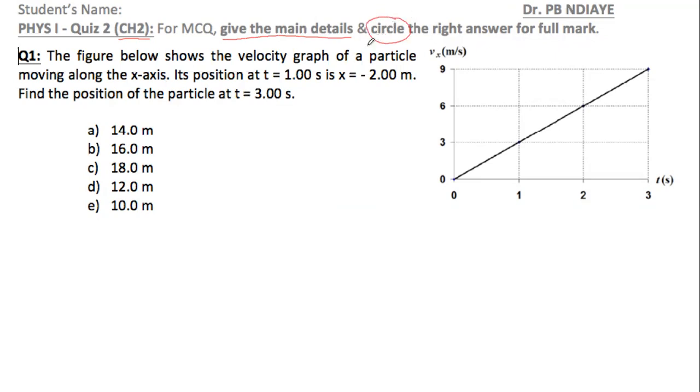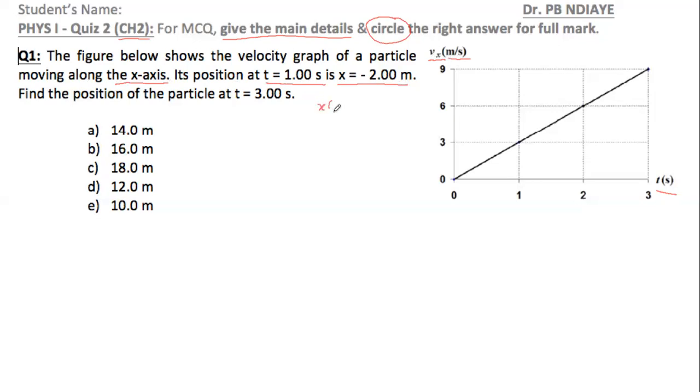Now the question number 1 gives you this figure, which is the velocity time graph. Velocity in meters per second and time in seconds. So the figure below shows the velocity time graph of a particle moving along the one-dimensional x-axis. Its position at 1 second is -2.